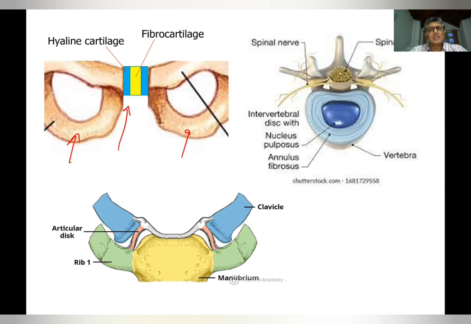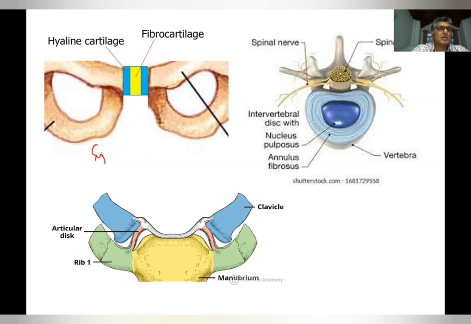We will discuss these things later. Here you get hyaline cartilage on either side, forming a joint, and in the middle you get fibrocartilage. So both cartilages are there in the symphysis pubis.